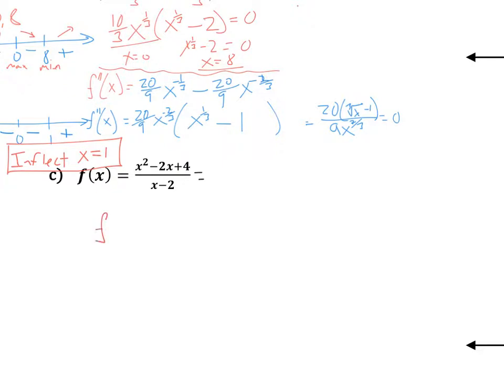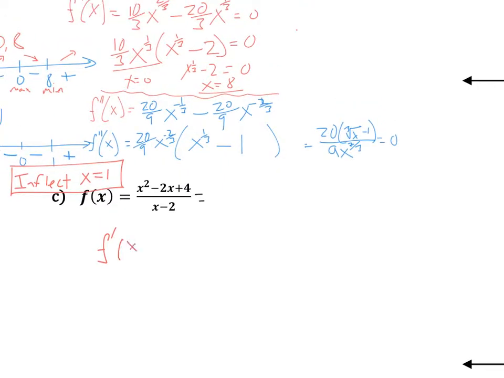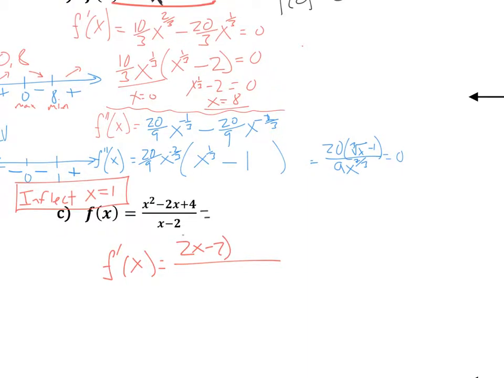So let's take the derivative. And we use our quotient rule. Derivative of the top, 2x minus 2 times the bottom, x minus 2, minus the top, x squared minus 2x times the derivative of the bottom. The derivative of the bottom is just 1, so I'm not going to write that down.